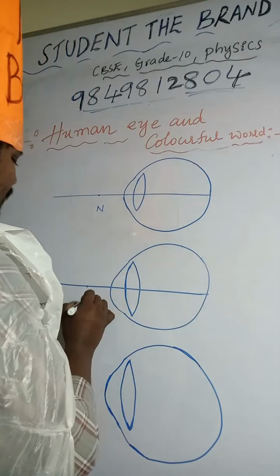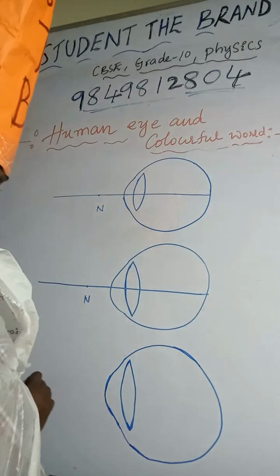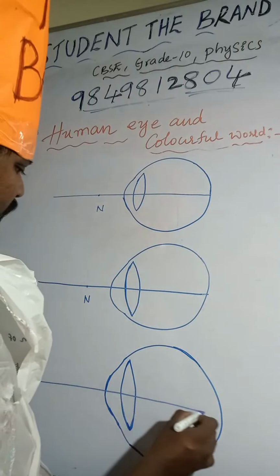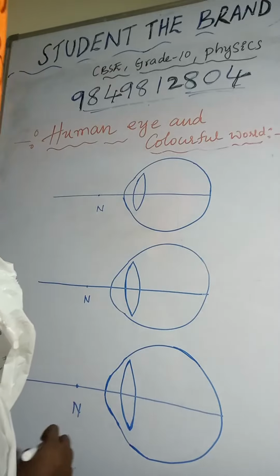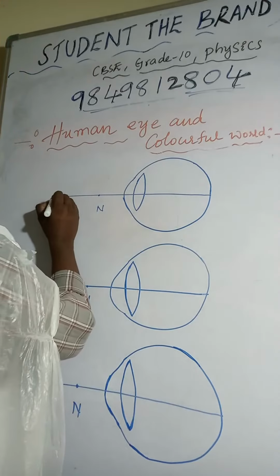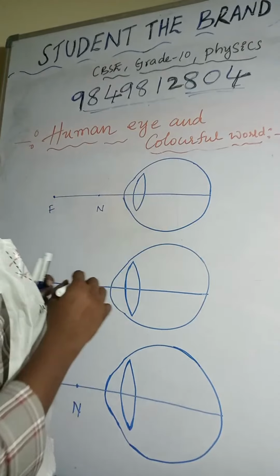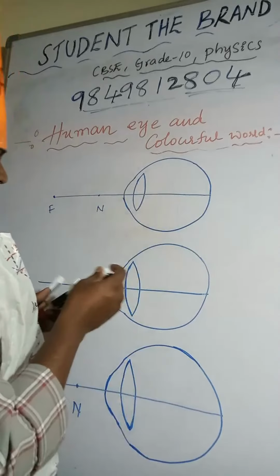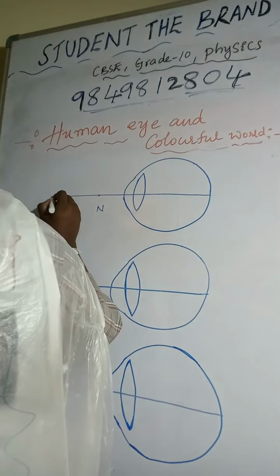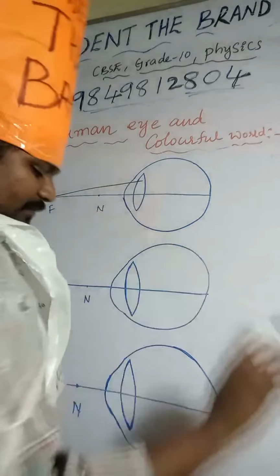This is also near point. This is a far point of myopic eye. So the person can see clearly from this point. Light rays are coming from this point, he can see.